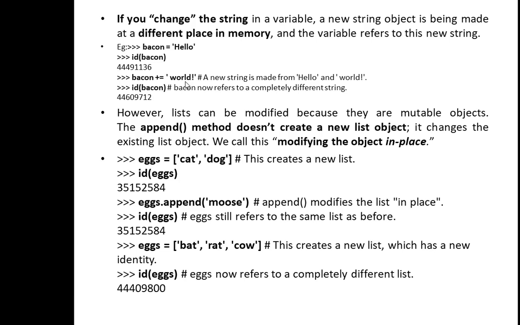It is doing bacon is equal to bacon plus world, which is a string concatenation. That means I am concatenating hello with world. And now after modifying the string, if I see the ID, it will be in a different location altogether. That means if you change the string in a variable, a new string object is made at a different place in the memory, and the variable now points to a different location.